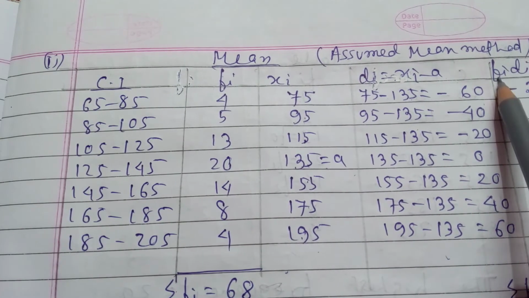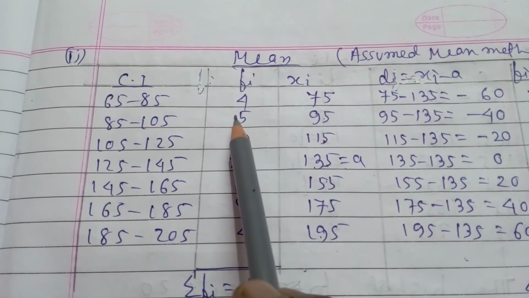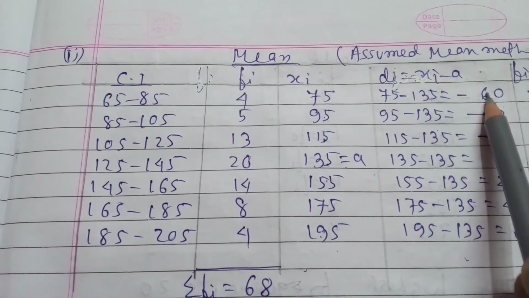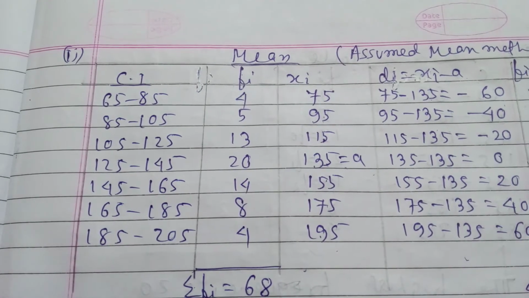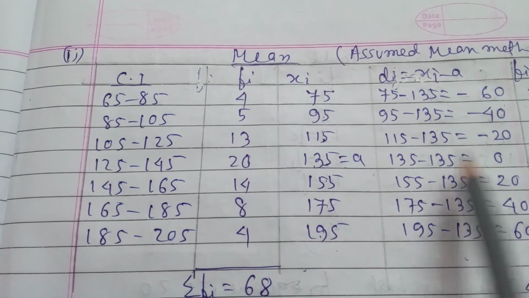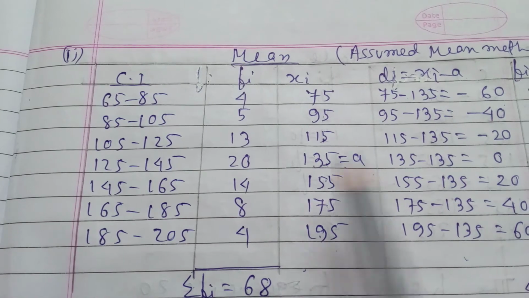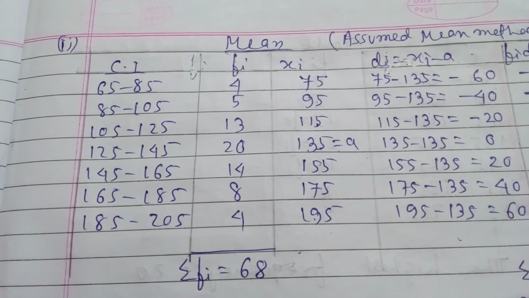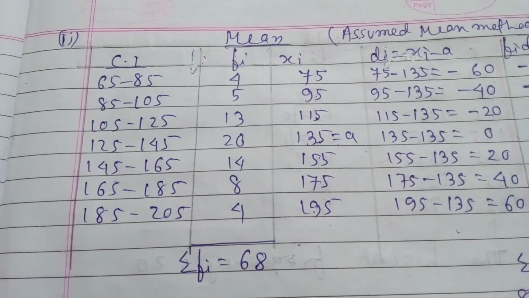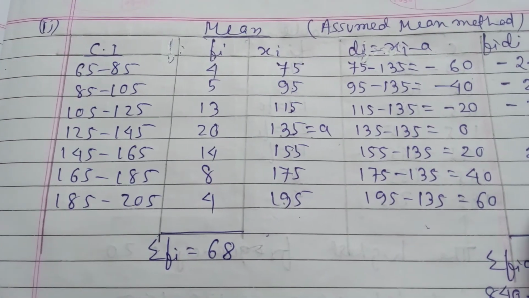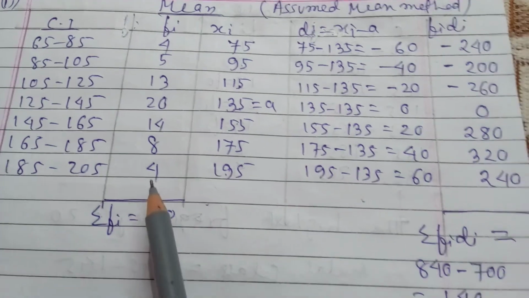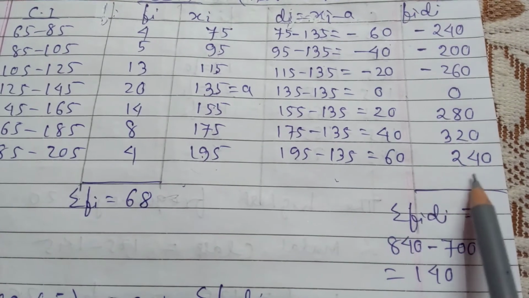And now Fi di, meaning Fi here 4 and di minus 60 equal to minus 240. 5 into minus 20, minus 100. 13 into minus 20, minus 260. 20 into 0, 0. 14 into 20, 280. 8 into 40, 320, and 4 into 60, 240.